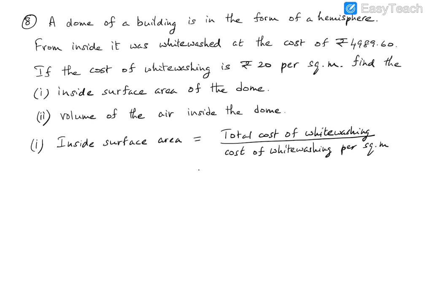We know the total cost of whitewashing is 4989.60, divided by the cost of whitewashing per square meter, which is rupees 20. When we divide this, we get the answer as 249.48 meters square, and that's the value for the inside surface area of the hemispherical dome.